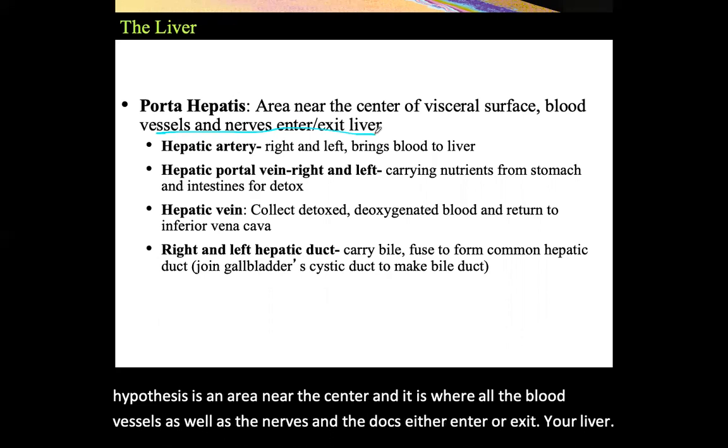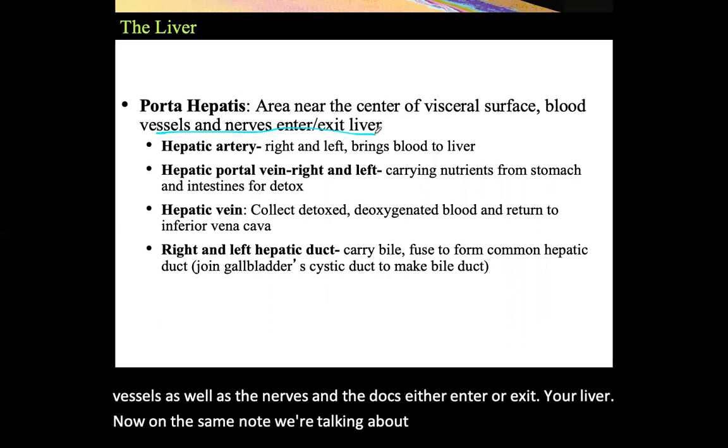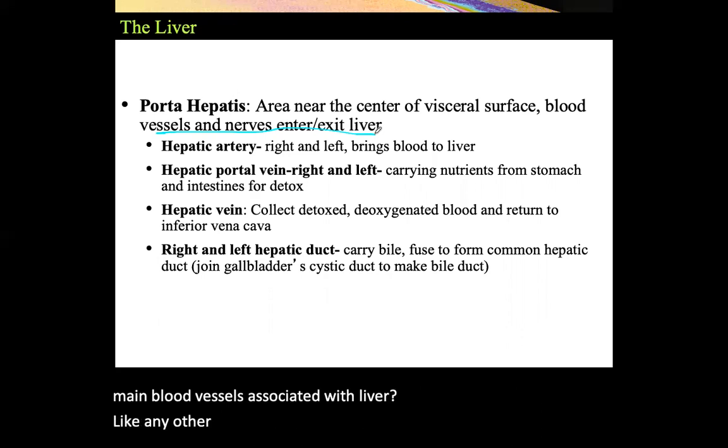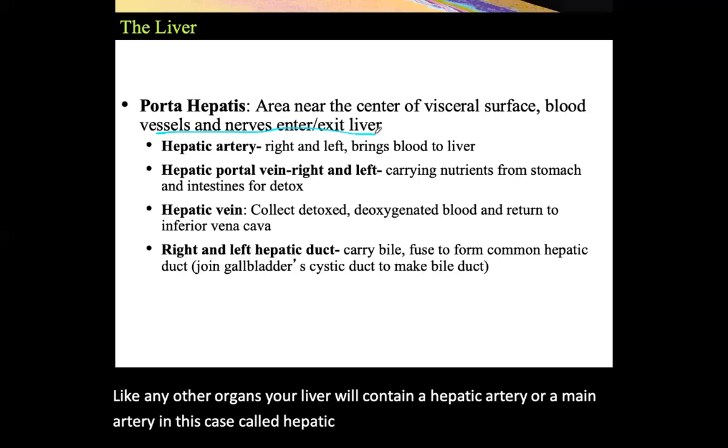Now, on the same note, we're talking about blood vessels. So what are the main blood vessels associated with the liver? Like any other organ, your liver will contain a main artery, in this case called the hepatic artery, and a main vein, which is called the hepatic vein.